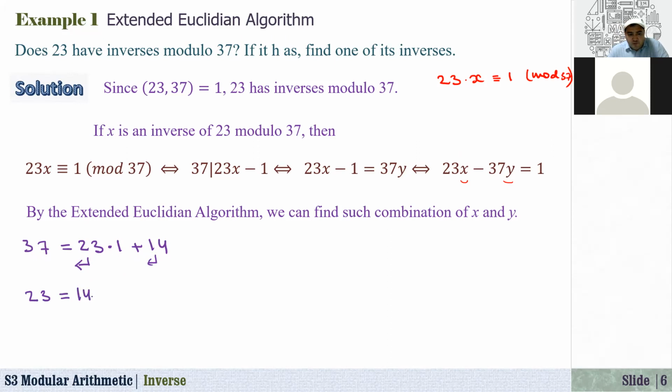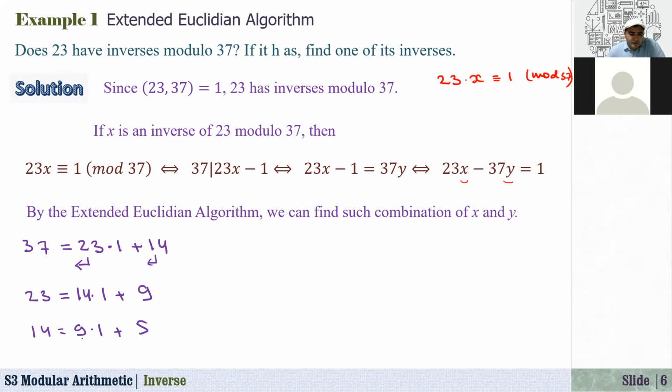So now here we have 23. If you divide it by 14, again, the quotient is 1. The remainder is, what is it? It is 9. So I have 23 and 14 is good, and 14 can be expressed as a linear combination of 37 and 23. And how about 9? Again, I just move this 14, put 14 here, and here we have 9, and the quotient is 1. The remainder is 5.